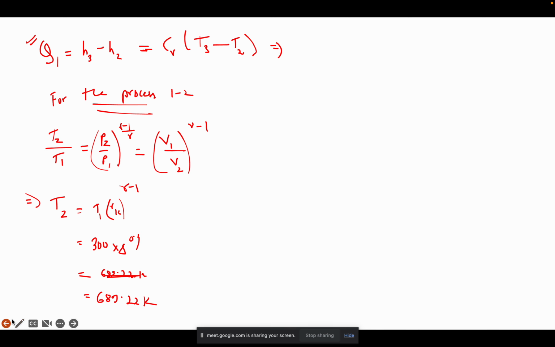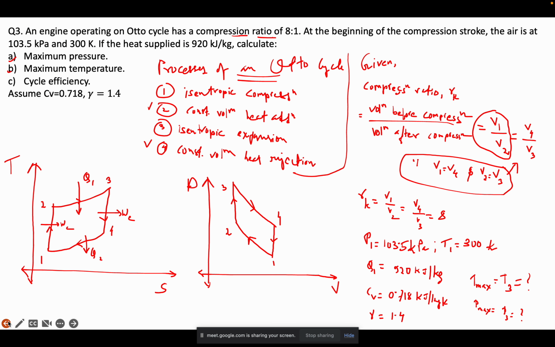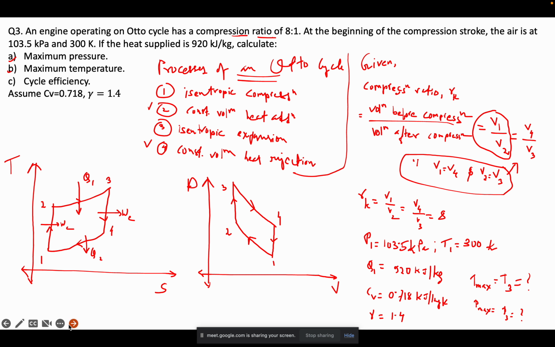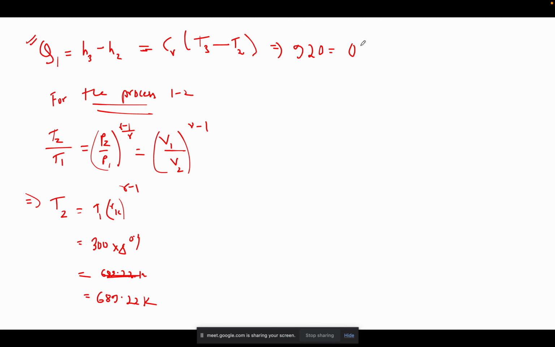Q1 is given to us as 920 kilojoule per kg. Cv is known to us as 0.718 kilojoule per kg Kelvin.